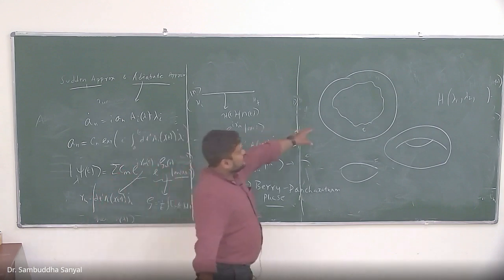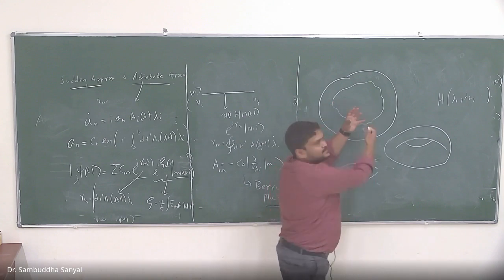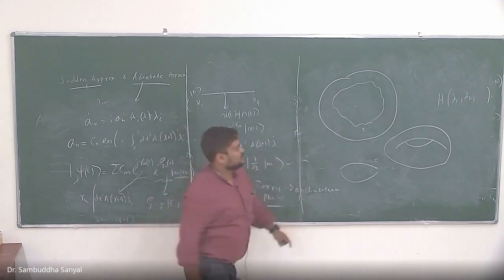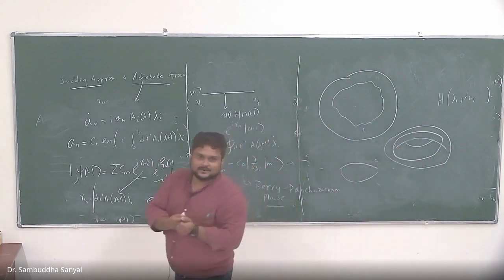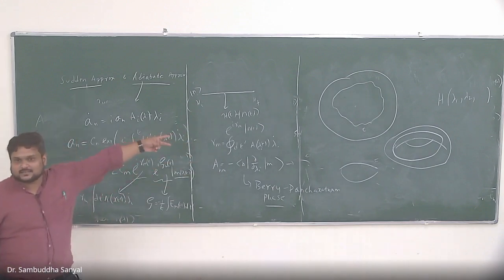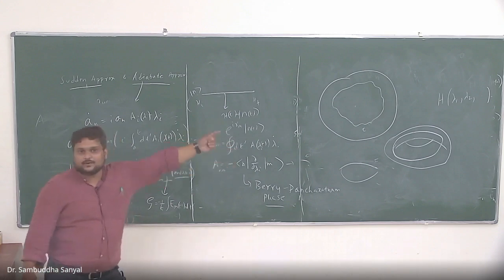If this doesn't have any hole, you can shrink this path to 0. But if it has a hole and you make a path like this, then you cannot shrink this path. So these two objects are topologically different classes of objects. There is no continuous deformation that allows you to go from one to another.